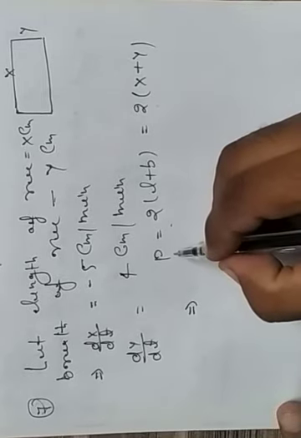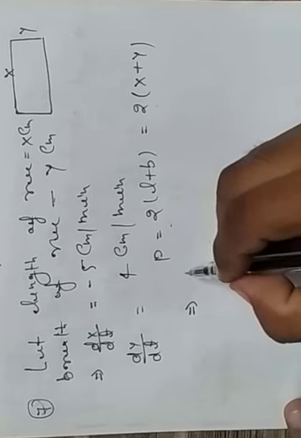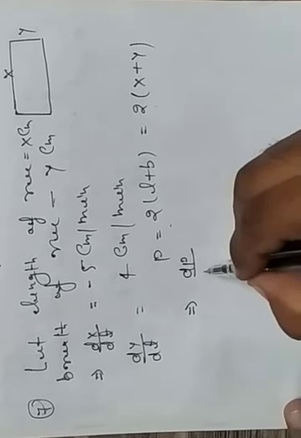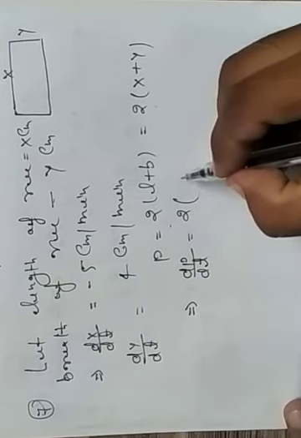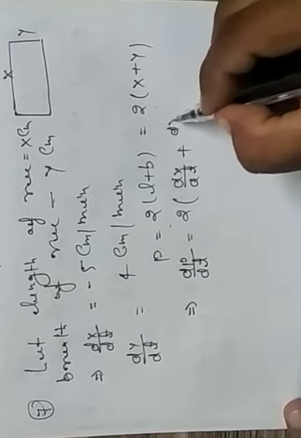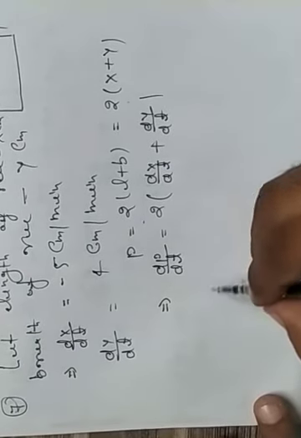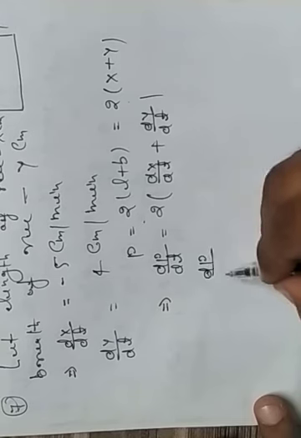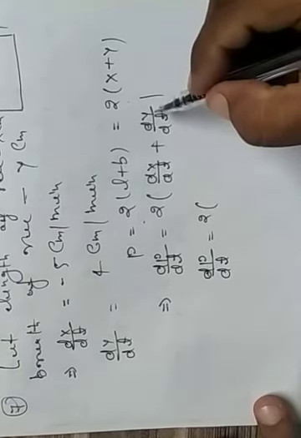Then dP upon dt is equal to 2 times (dx upon dt plus dy upon dt).